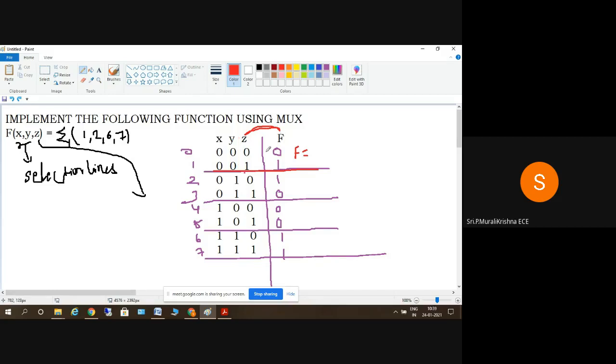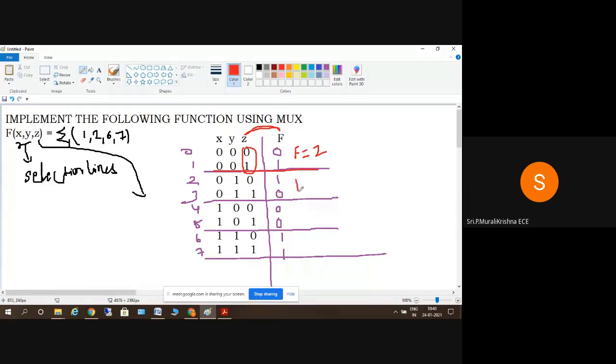What is the value of f here for these two columns when the selection lines are 0, 0? Z, yes. So when selection lines are 0, 0, the f value and z values are equal here. So f is equal to z here.